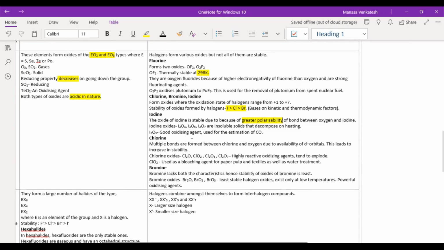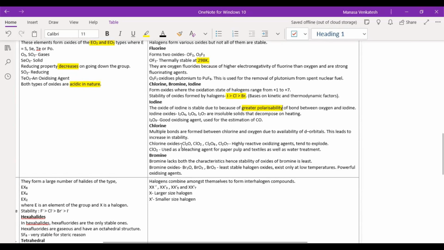Multiple bonds can be formed between chlorine and oxygen, and this is because of the availability of the d orbital. So this means that there is a lot of stability. Chlorine oxides, you have so many: Cl2O, ClO2, Cl2O6, Cl2O7, and they're very good oxidizing agents, but they have a tendency to explode. Now, ClO2 is actually used as a bleaching agent.